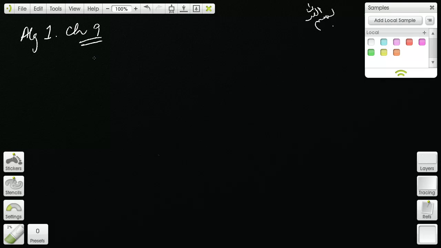The first thing I like to review is simplifying algebraic expressions and combining like terms, basically.